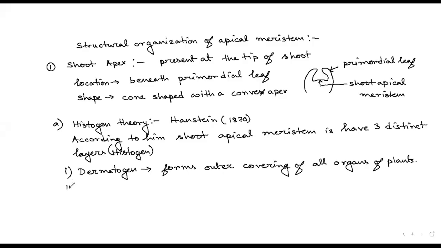So apart from dermatogen, the next part is called periblem. Periblem is responsible for production of cortex and endodermis. And last but not least is plerome.